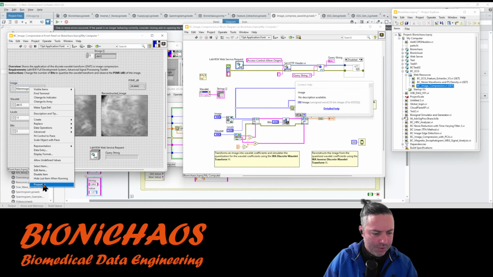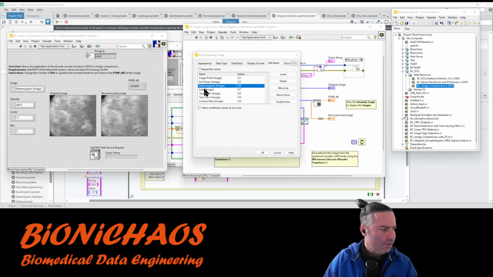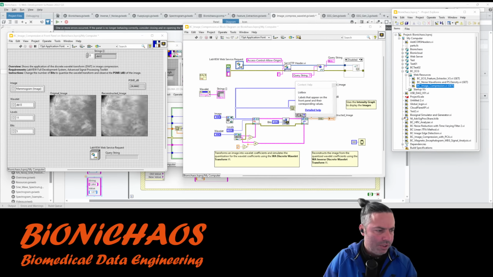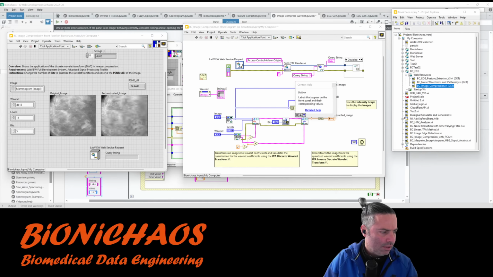And we can go edit items. Put it on our screen so it's easier to copy.